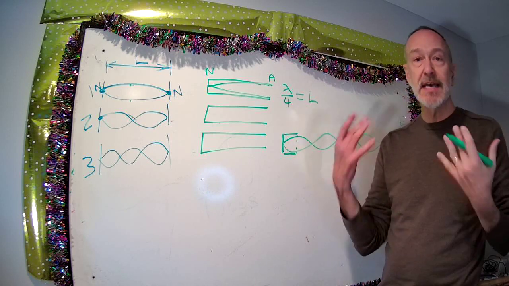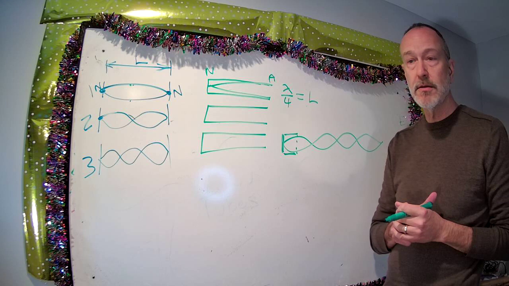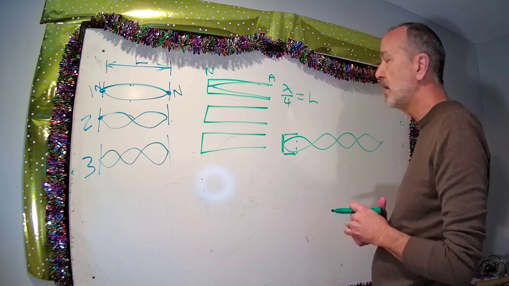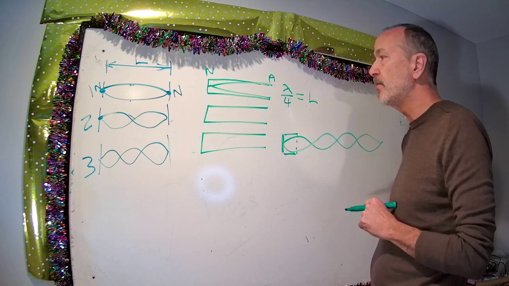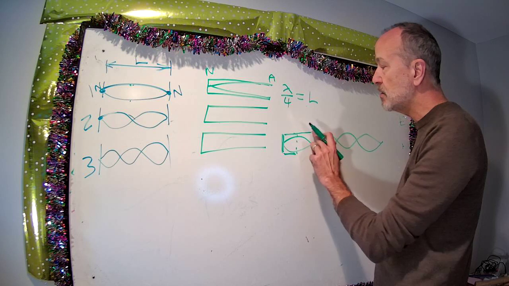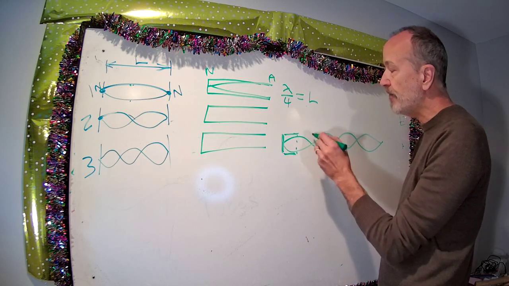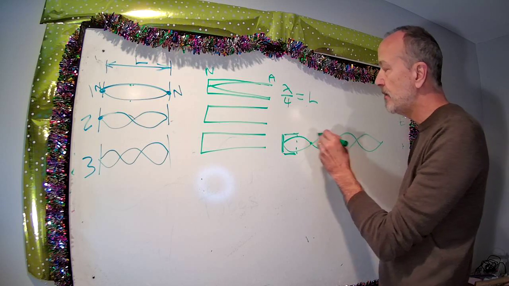So that's how you set up the relationship between the wavelength and the tube length, or the pipe length. Now, you would think the next one up would be the second harmonic. Let's just go one more quarter wavelength. But that's a node. We've got to go to the next antinode.